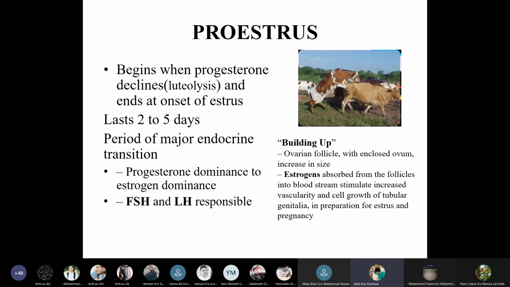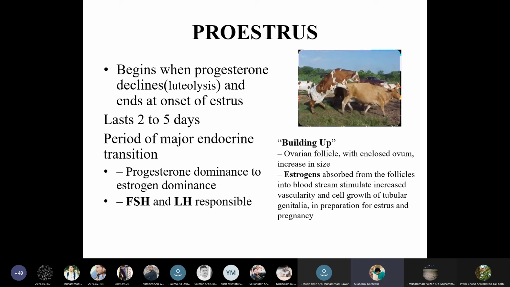In this, the estrus begins to develop, a period of major endocrine transition, from progesterone dominance to estrogen dominance. So progesterone declines in concentration, and estrogen increases in concentration. The proestrus increases the estrogen level in the body and starts the follicle stimulating hormone, and then the luteinizing hormone is responsible for rupturing the follicles to shed the ova.